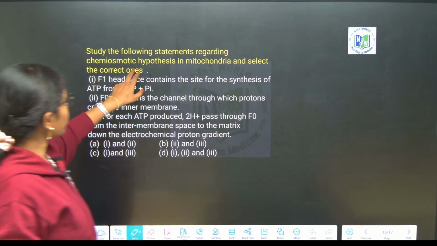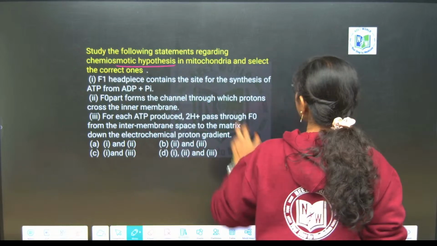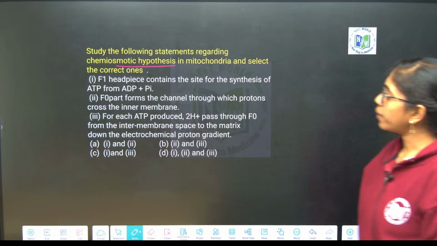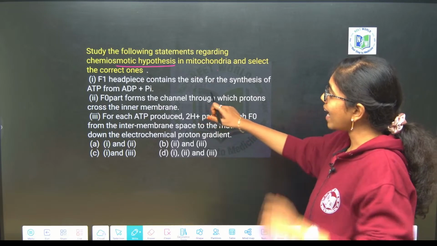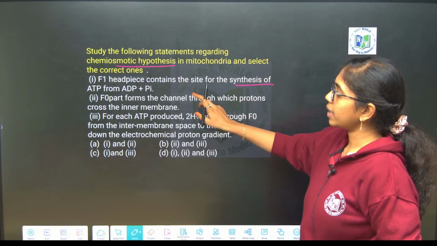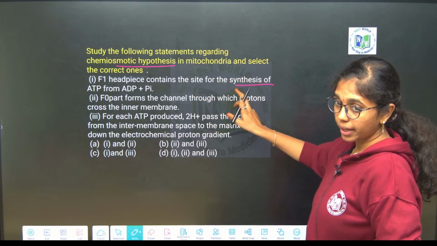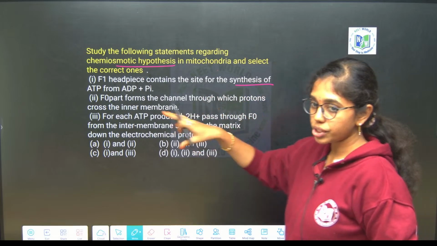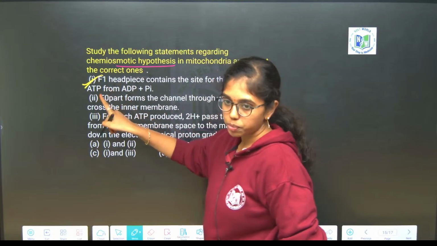Study the following statements regarding chemiosmotic hypothesis in mitochondria and select the correct ones. F1 headpiece contains the site of synthesis of ATP from ADP plus inorganic phosphate. So, ATP formation occurs inside the mitochondrial matrix. Option 1 is right.